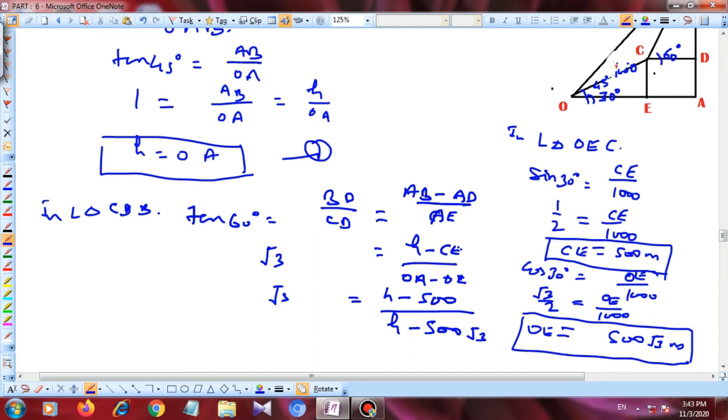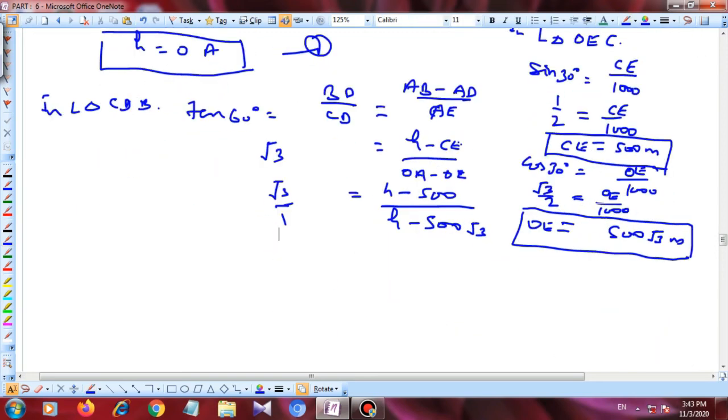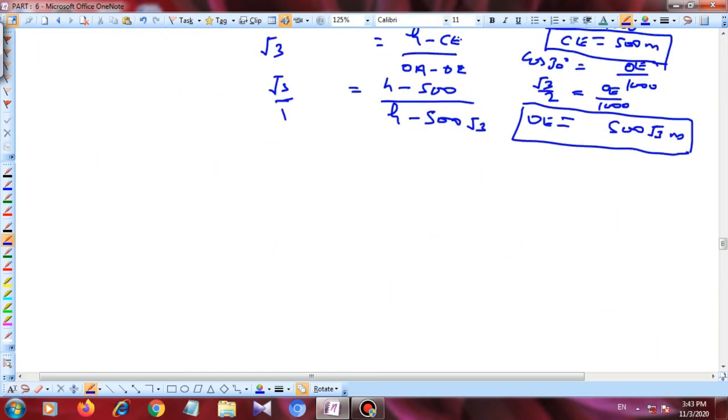Now cross multiply, then you will get H minus 500 equal to root 3 H minus 500 into 3.